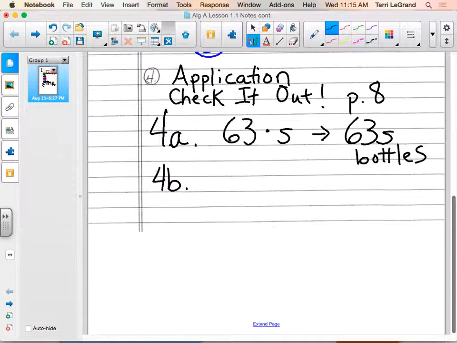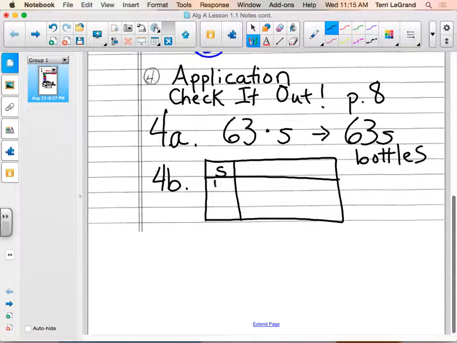Now my calculator might come in kind of handy. We're going to make a table, okay? First of all, we're going to have a column that represents the number of sweaters. And we know we got to do it for 12, we got to do it for 25, and we got to do it for 50.